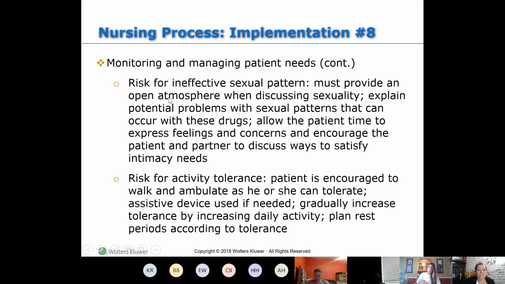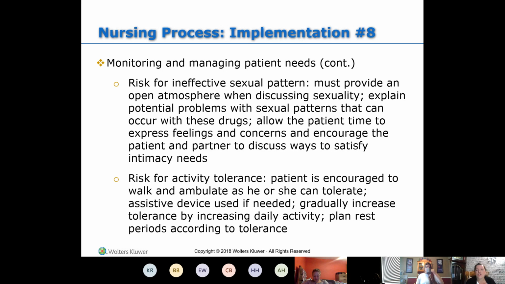Other things that we might need to know, I've already touched on all this: risk for ineffective sexual patterns. Whenever I was telling y'all about educating your patients, they have to trust you, or they're not going to tell you that they stopped taking their medication because it was affecting their sex life. They're just going to low-key stop taking their meds and have a stroke, and they didn't tell you.